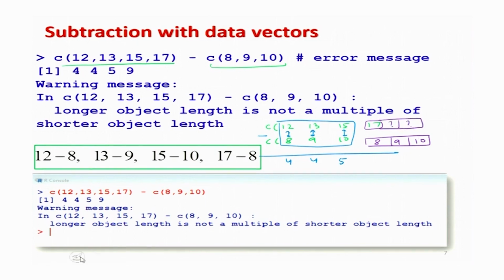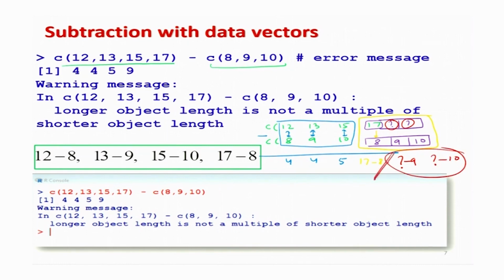So, now in the second step this block is going to be operated, but only the first available value, which is here 17 minus 8, will be operated, but now there are no values here and here. So, this will be something like this: question mark minus 9 and question mark minus 10. So, R does not know what to do with this thing.